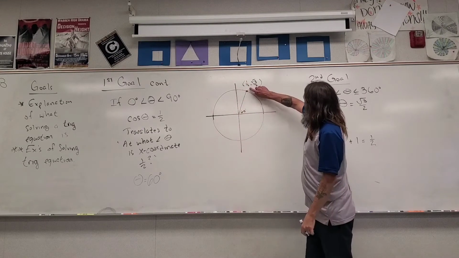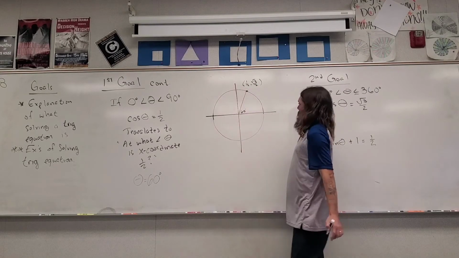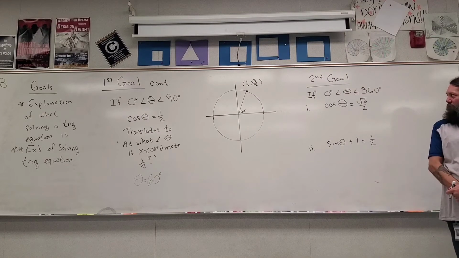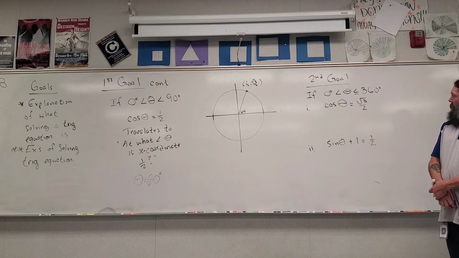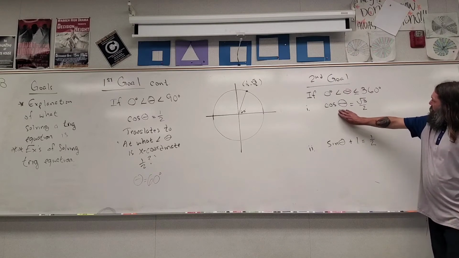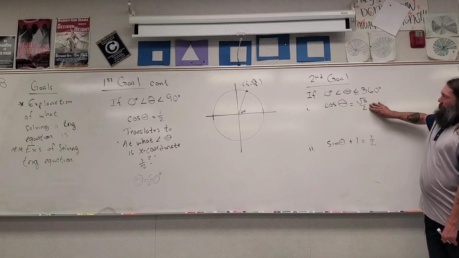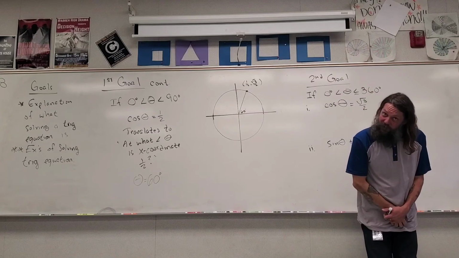I'm interested in my x-coordinate, and I'm restricted from 0 to 90 degrees. On the second problem, I am not restricted anywhere on the circle. I can go all the way around. And the second problem is asking, at what angle measurement is my x-coordinate square root of 3/2 around the entire circle? Now, this happens in 2 locations.